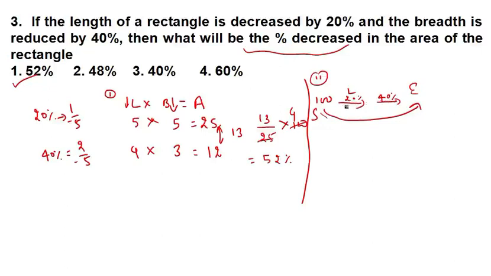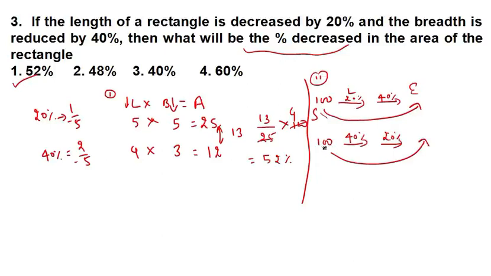So you can just interchange according to the data. But that case will be applicable only if we have to get the end value, the net value. So this is 100. I'll take 40% first, then I'll take 20%. Then I'll get end value.